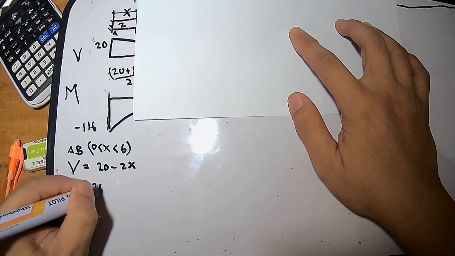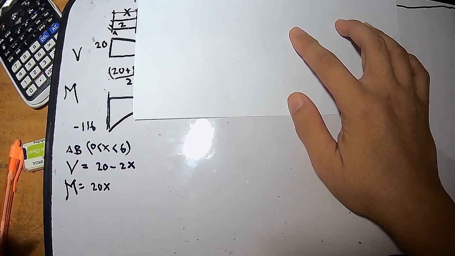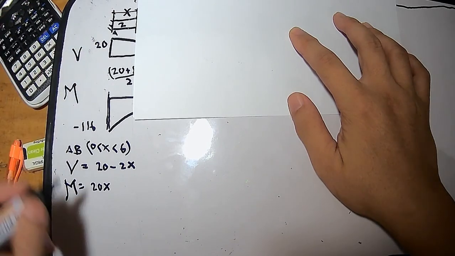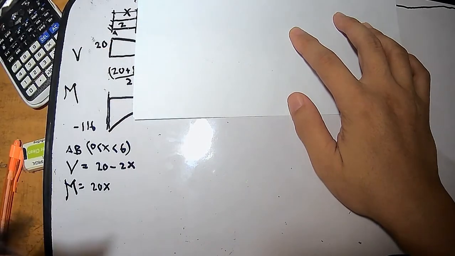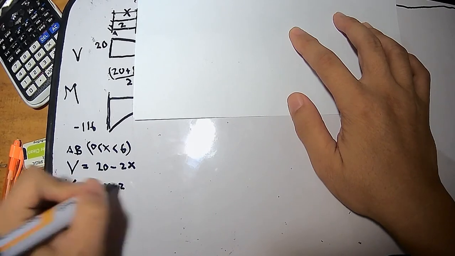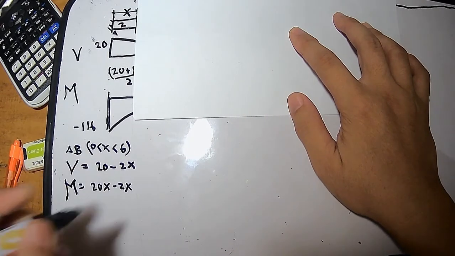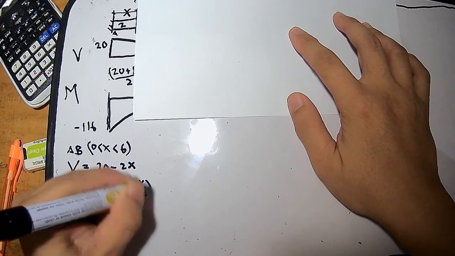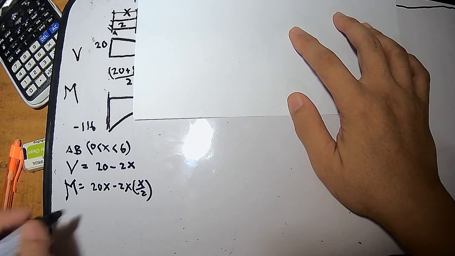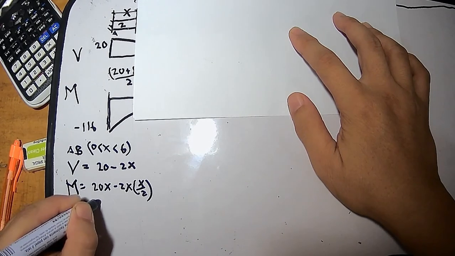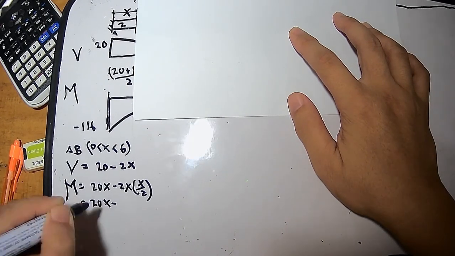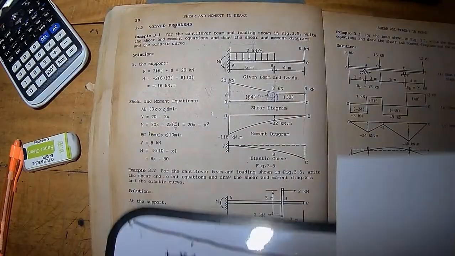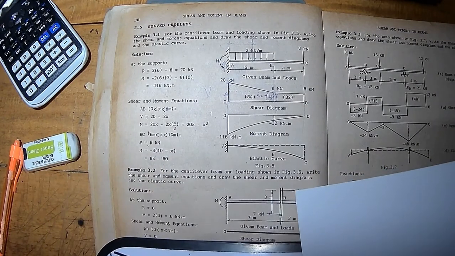So, 20 times X. And then, yung uniform load na 2, it is counterclockwise direction. So, minus 2 times X. At ang lever arm niya ay X all over 2. So the equation for moment would be 20x minus x squared. Okay? So 20x minus x squared.